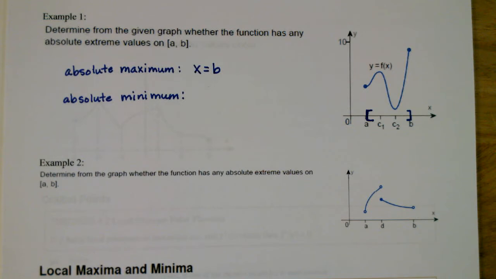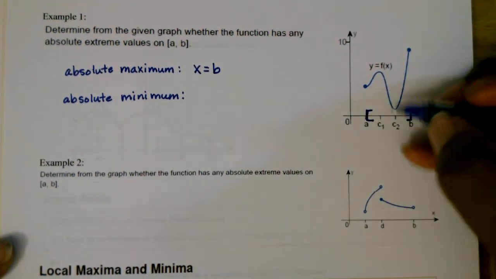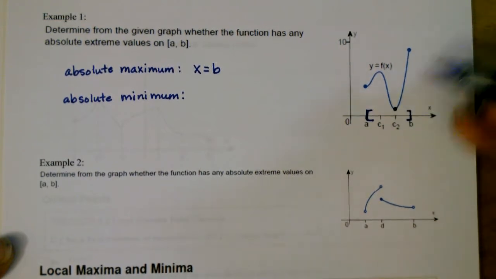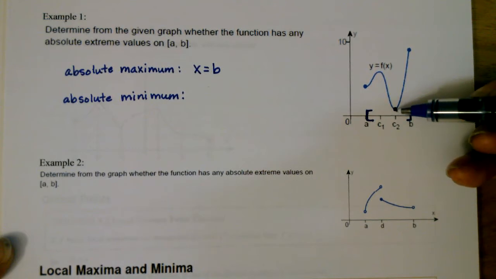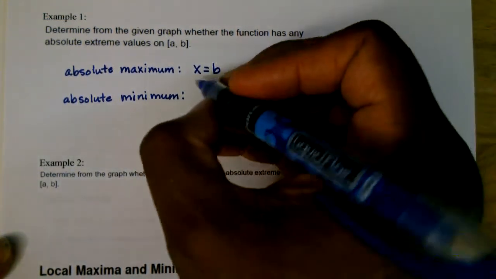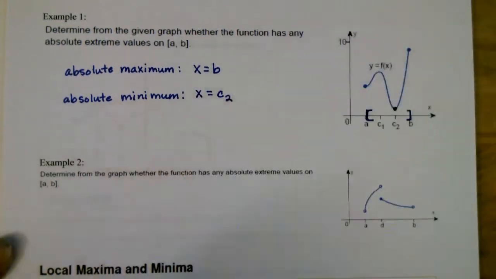And then our absolute minimum, well, that's going to be the lowest point right here. That's as low as it will get before it starts increasing. And that lowest point occurs at x equals c2. So at x equals c2, we have an absolute minimum.